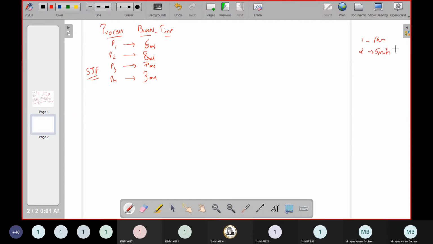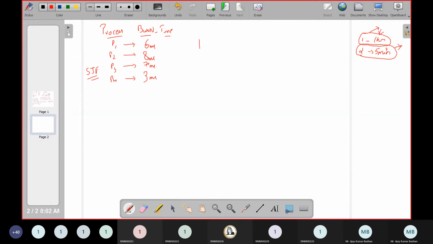Earlier in FCFS, since the first family came first, we would give the table to that family. But in SJF, not like that. Here they determine how much time you are going to spend. Since this family is going to spend only 5 minutes, this family will be allocated the table first, and the other family has to wait. That is the simple logic for SJF.